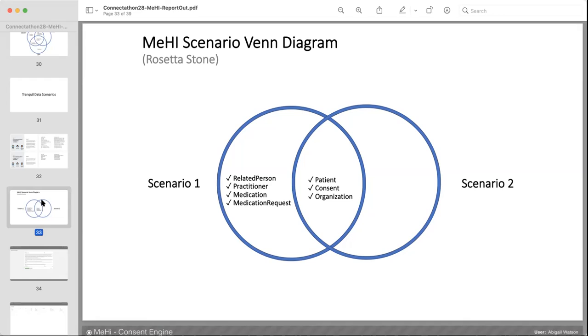But that was partially because we defined the scenarios in that way. And so going forward in our work with a consent engine implementation guide that we're working on, we're probably going to be focusing on these three first. That seems to be a learning from this Connectathon.